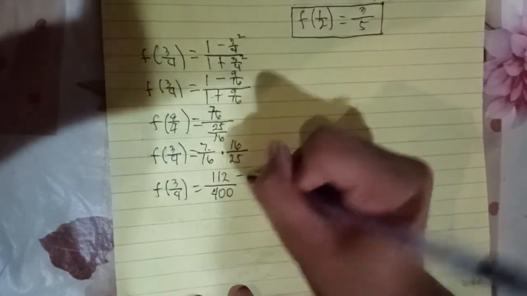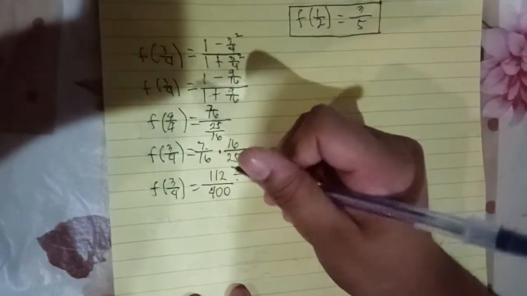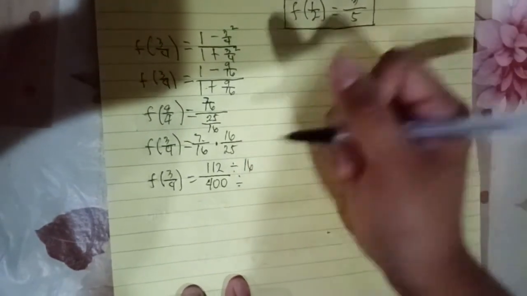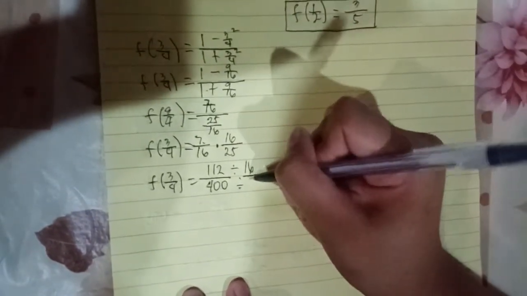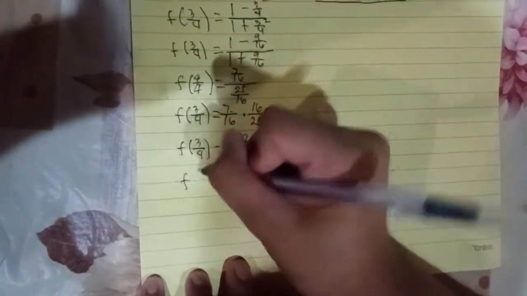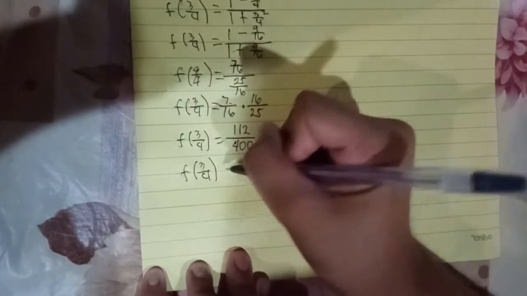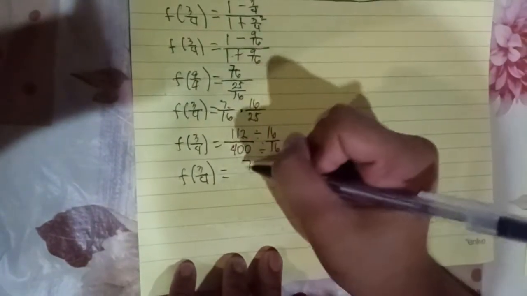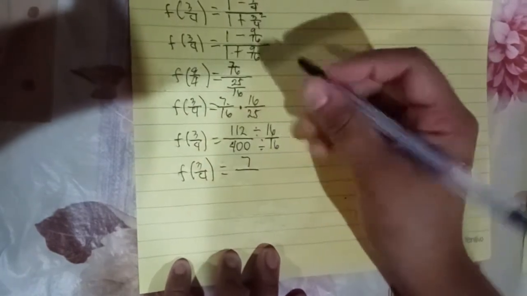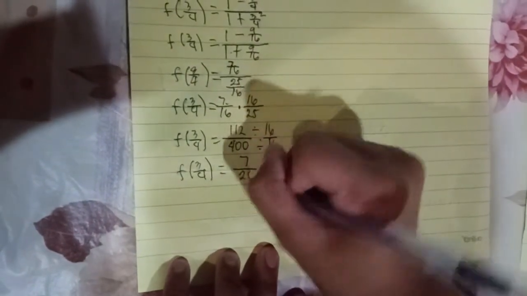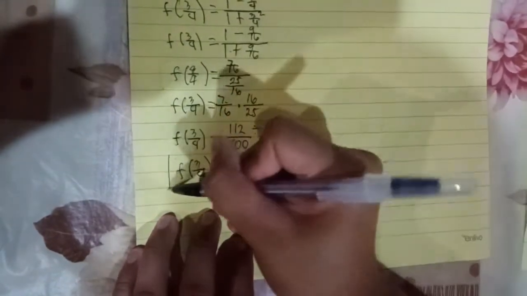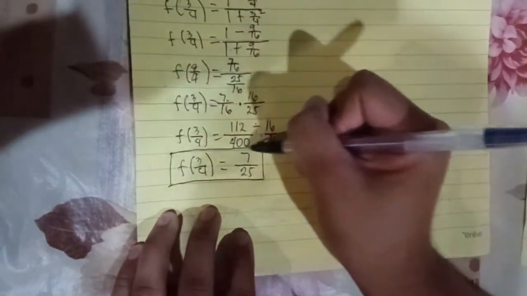So we are going to divide the numerator and the denominator by 16, since 112 and 400 are both divisible by 16. So 112 divided by 16 is 7 over 400 divided by 16 is 25. So f of 3/4 is 7 over 25. So this is now our answer.